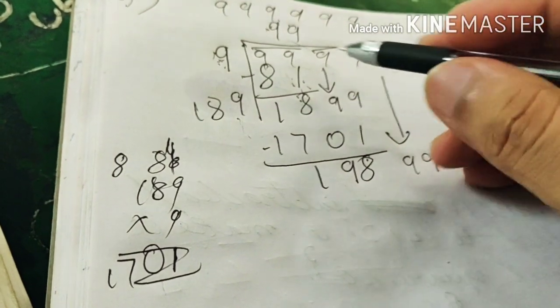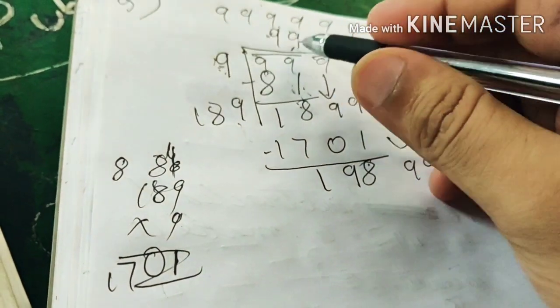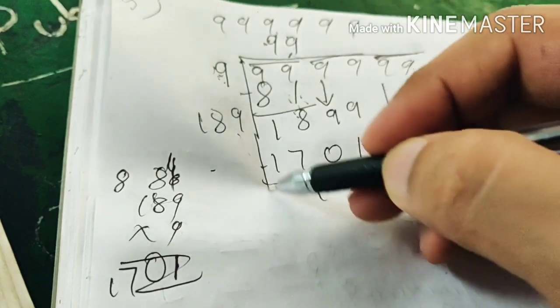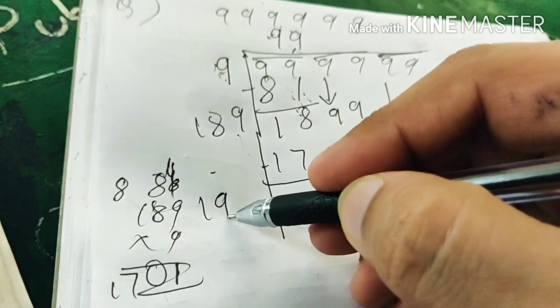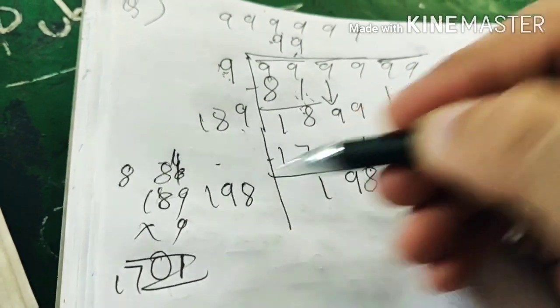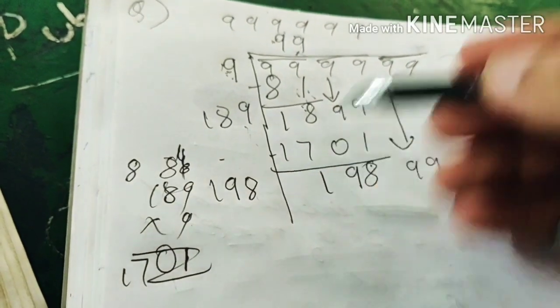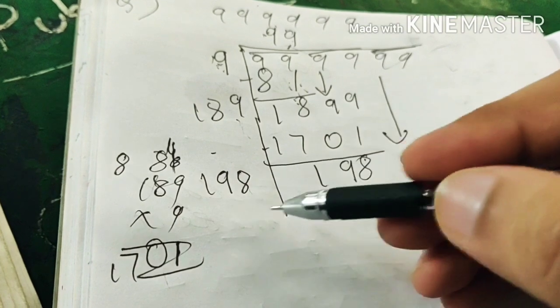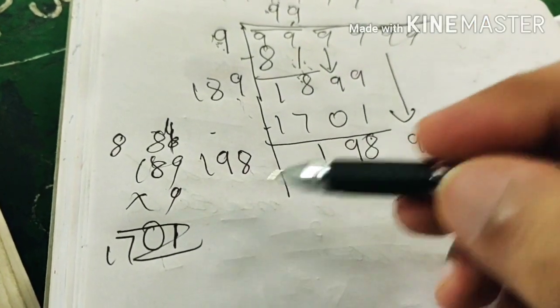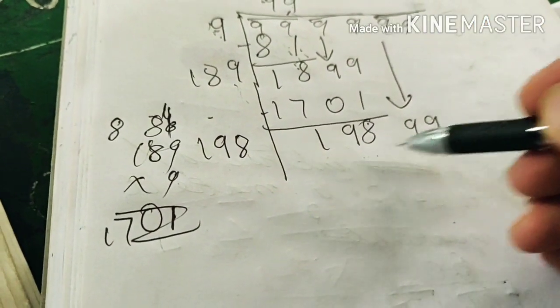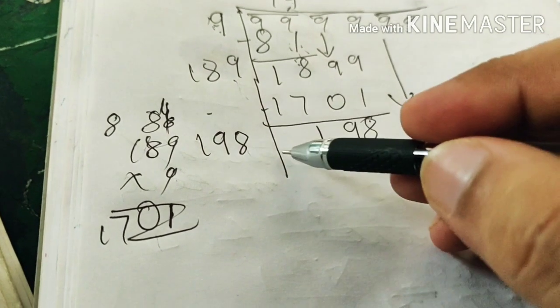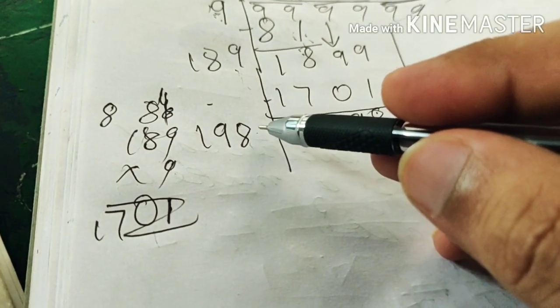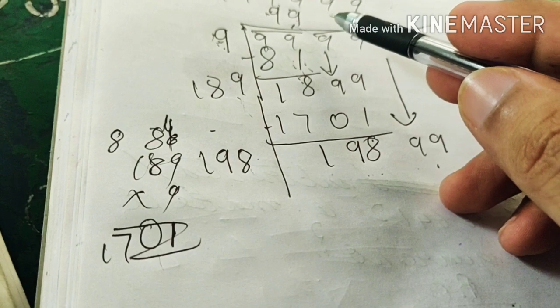So what we will do? We will take the double here, that is 198. 198 into 0 is 0, 198 into 1 is 1981.